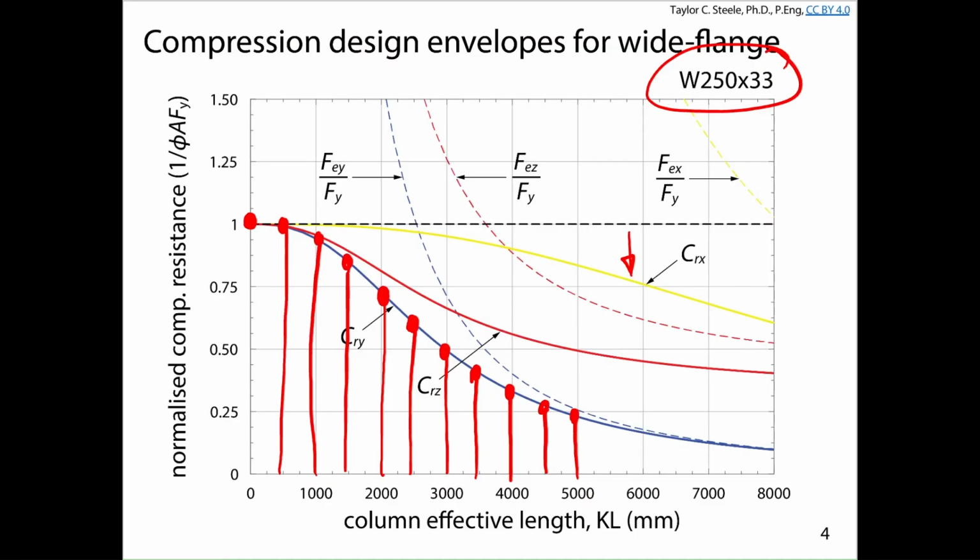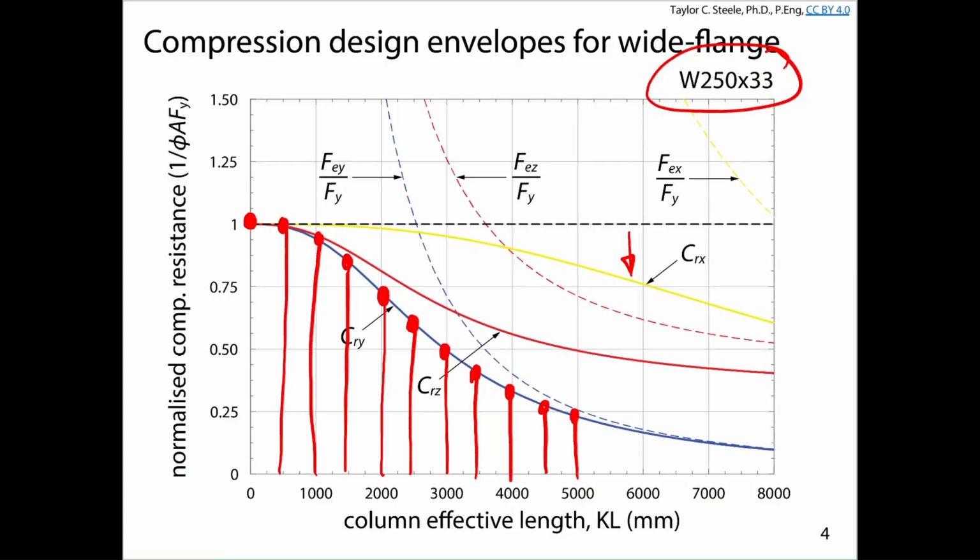Basically, the tables give us the compressive resistance for a W250 by 33, a W250 by 37, all of the cross sections that are used as columns. The tables tell us what the answer is. So that means two things for you. One, it makes your design life easier because you can go see what the strength is. And two, if you ever have to calculate the compressive resistance of something in this course, you can check the answer, for the most part.